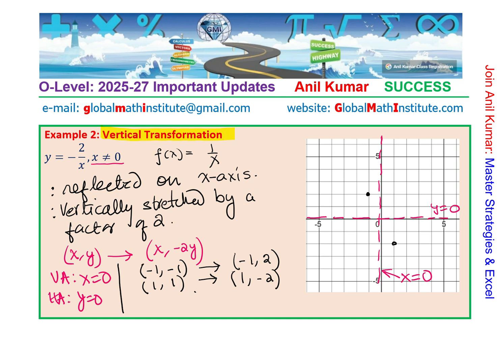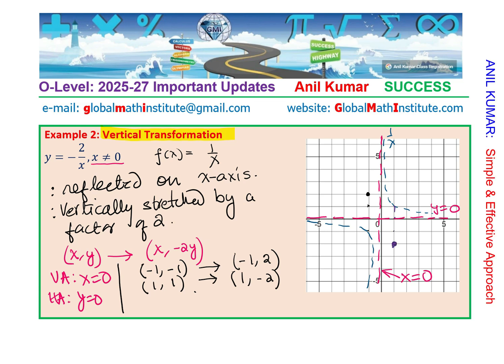Instead of the point being here, it gets reflected, correct? Let me just show you lightly that the graph of 1 over x will be something like this. I'm drawing the graph of 1 over x, as we have seen earlier. So what has happened is that this particular point has been reflected on the x-axis and then multiplied by 2.